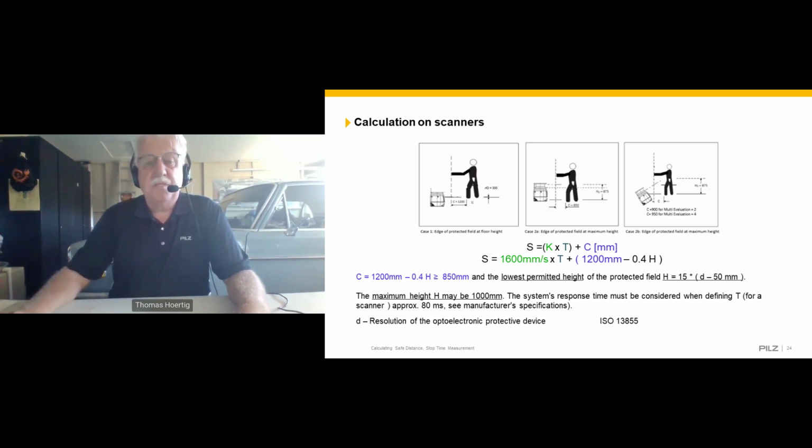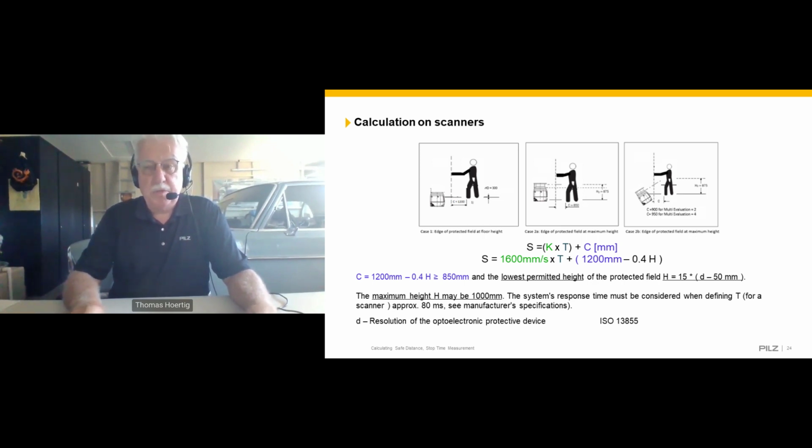So here you have 1,200 millimeters minus 0.4 times the height, and you can calculate the height of your protection field. Height equals 15 times (d minus 50 millimeters), where d is the resolution of the sensing device, your scanner. Also here, the maximum height may be 1,000 millimeters.